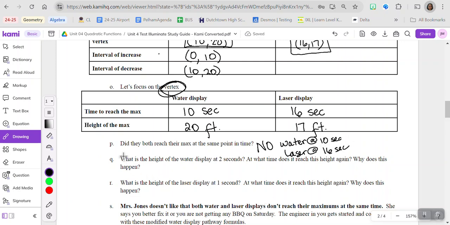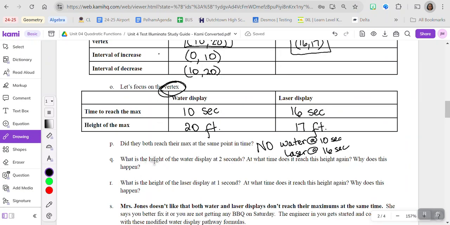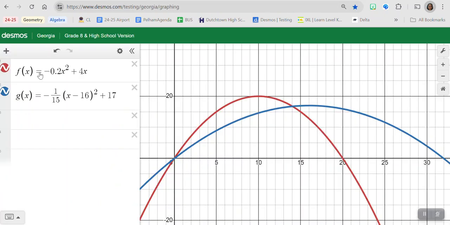Okay. Here we go. Reading Q. What is the height of the water display at 2 seconds? You can play with this one over here. 1, 2. Right, you can kind of read it like this, but we know that, maybe did I read it correctly? What is the height at 2 seconds?